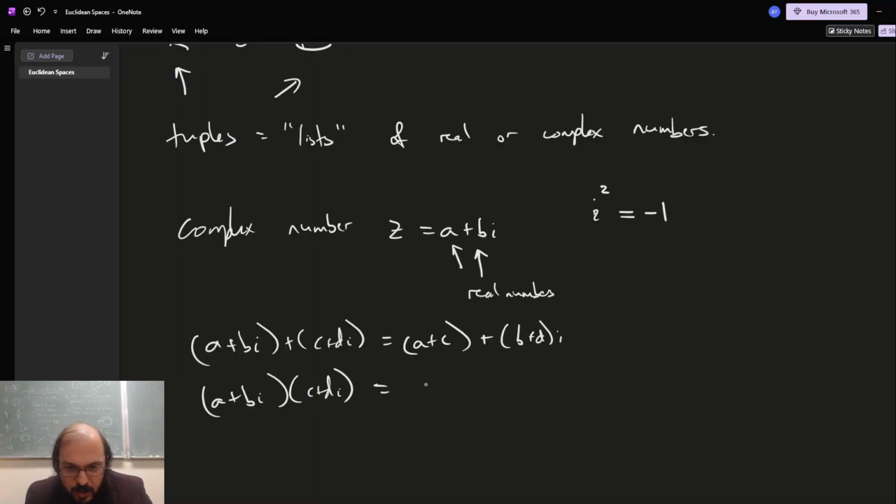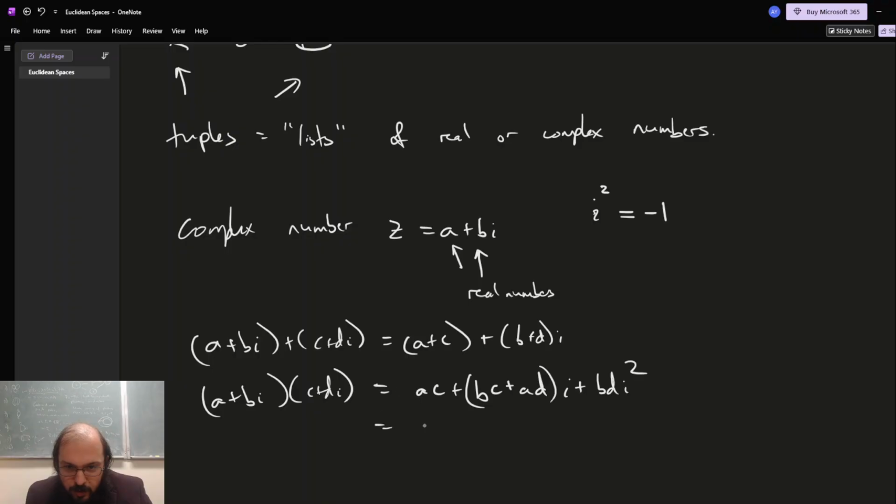The rule here is expand this. Sorry, that's not right. Or is it? Hold on. It was right. bc plus, that part was right. This part is wrong. Plus adi plus bdi squared, right?